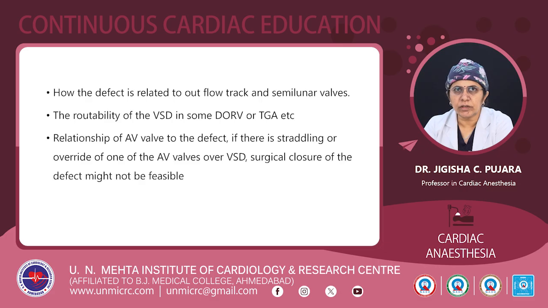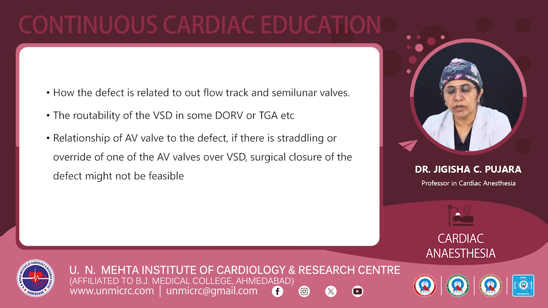How the defect is related to the outflow tract and semilunar valves can be visualized. The routability of the VSD, in some VSDs like DORV or some difficult TGA VSDs, many a time it happens that routing of the septum to the aorta is not possible, and the decision can be changed.